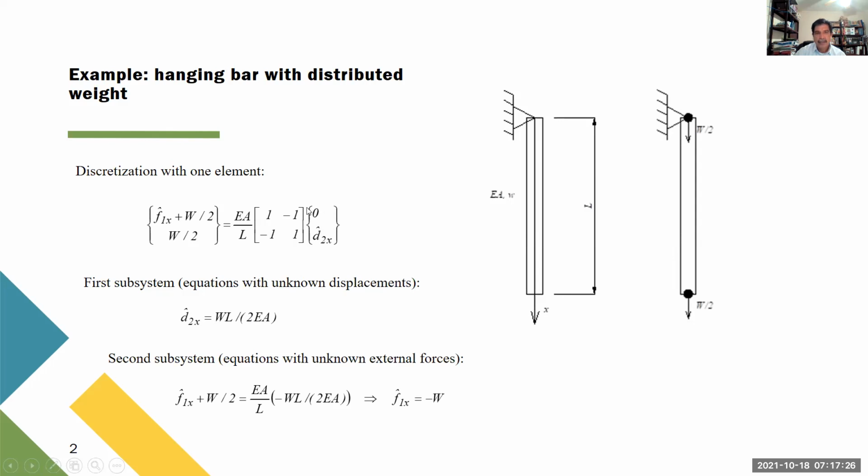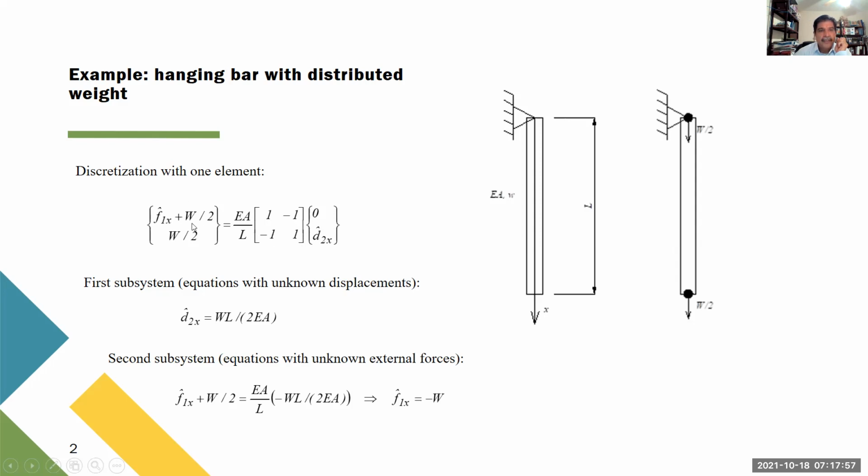So this d1x, we knew as a condition. So right now, all displacements are known. Now, the last step to solve this system of equations is to multiply. We say we solve with the second subsystem, but what we really do is we multiply the vector of displacement times the stiffness matrix.